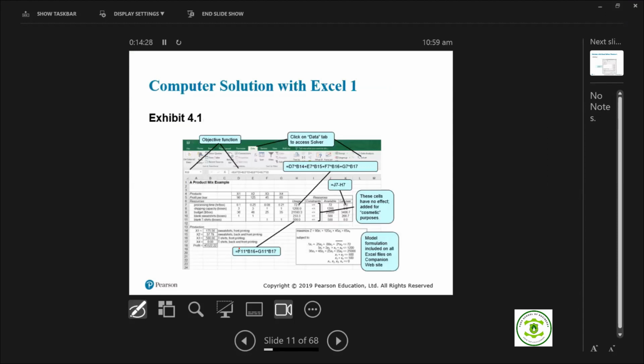So yesterday I sent you exhibit 4.1. Open that. That's what has been said in this book.